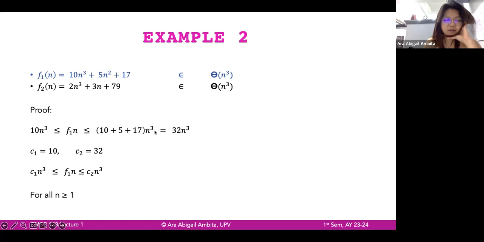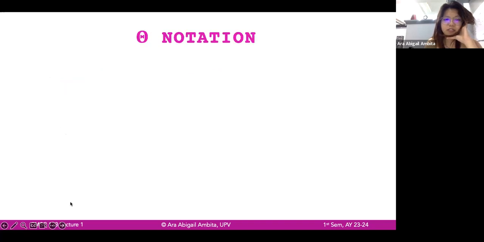And then for the upper bound, on the other hand, we just summed up all the coefficients, 10 plus 5 plus 17. So then we have some constant c1, which is 10, and some constant c2, which is 32. And this will be true for all n greater than or equal to 1.